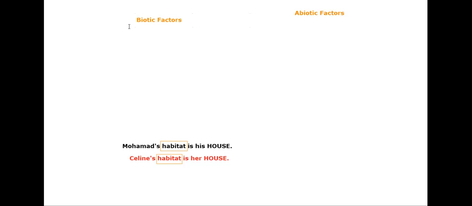This question is for all of you. We will finish with this. What are some examples of biotic factors? People. Animals. Huda is a biotic factor. Birds. Miss Fatin is a biotic factor. Palm trees are biotic factors.